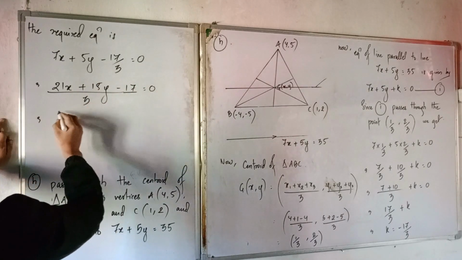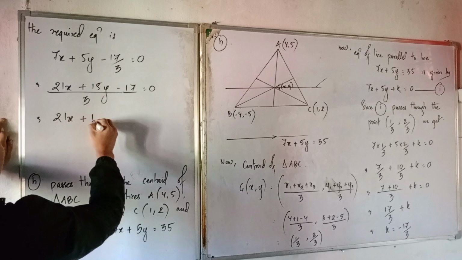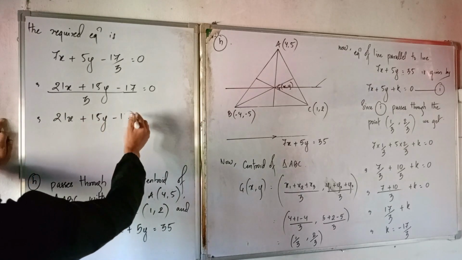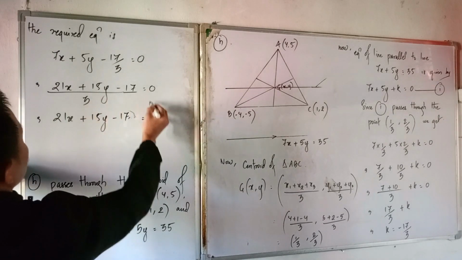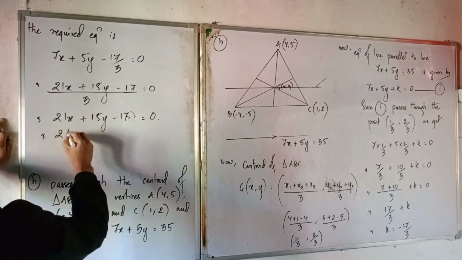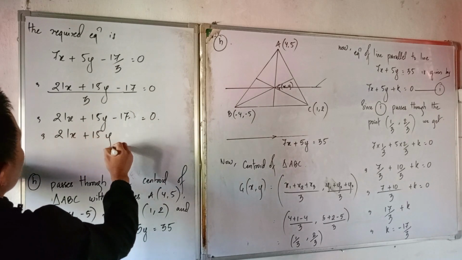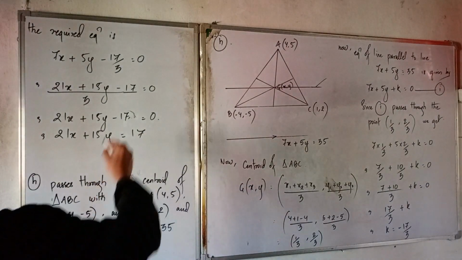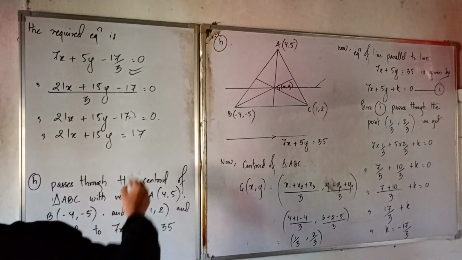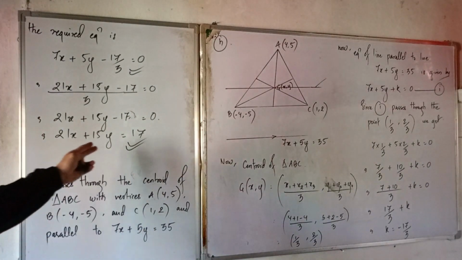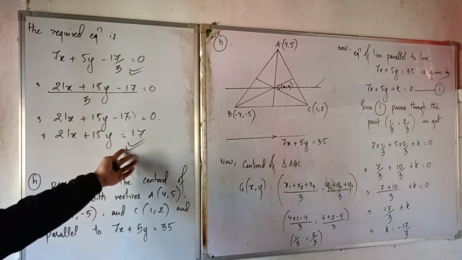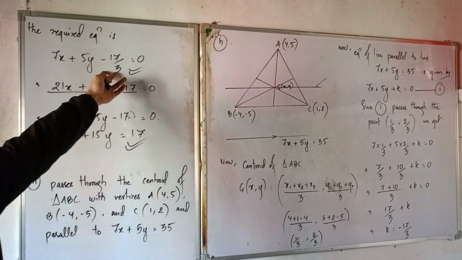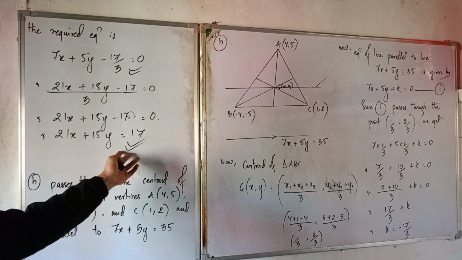Or move the 3 to the other side, it becomes 3 times 0, which is 0. Or 21x plus 15y equals 17, moving minus 17 to the other side, it becomes positive. You can leave the answer up to here, or further simplify. If you leave it here, that will be okay, no marks deduction, so both are correct.